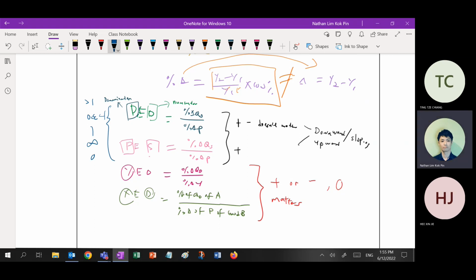You need to know what they mean. Greater than 1 means elastic. Between 0 and 1 means inelastic. 1 means unitary. Infinite means perfectly elastic. 0 means perfectly inelastic. You must know the values.